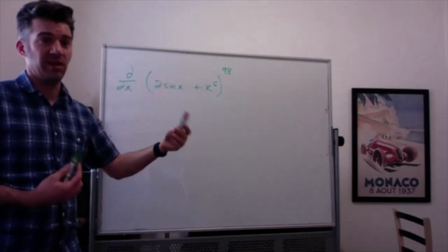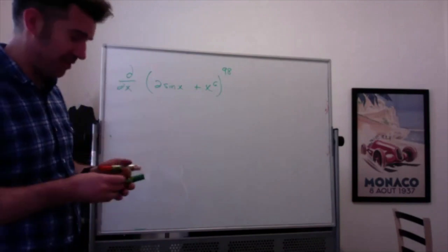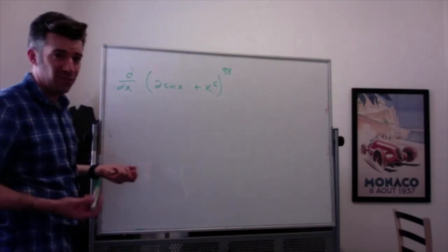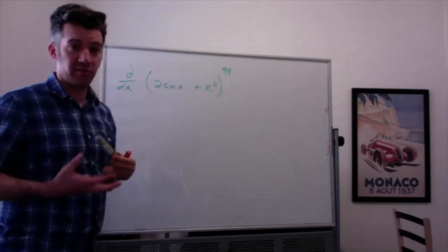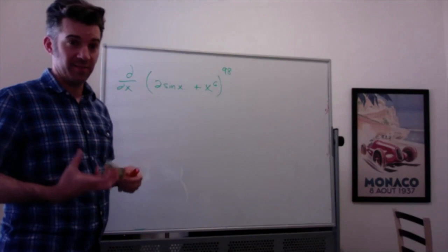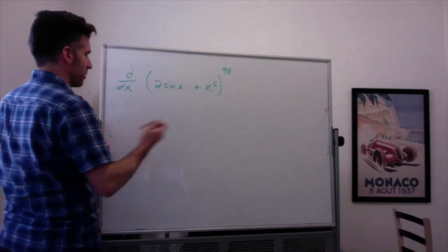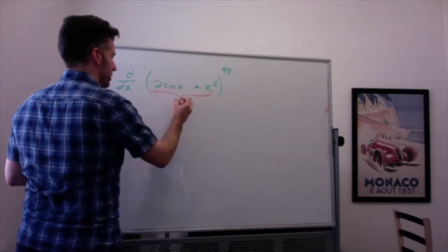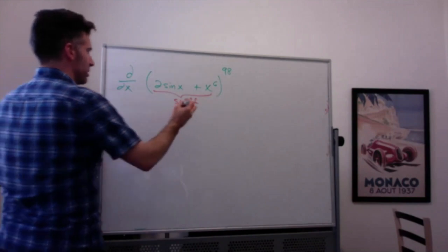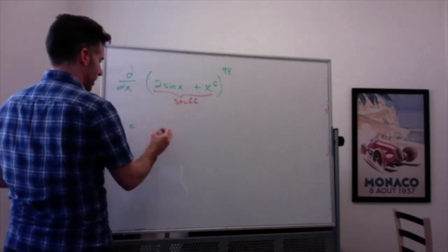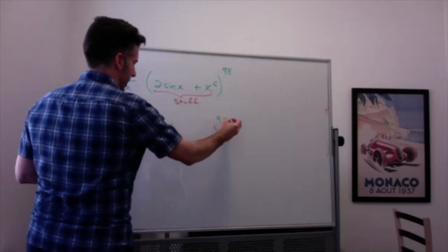You definitely shouldn't. It'd take a long time to write that all out. That's not the point. The point is, I've got some stuff to a power. I know the derivative of x to the 98th power is 98 times x to the 97th. So I know the derivative of some stuff to the 98th power is going to equal 98 times that same stuff to the 97th power.